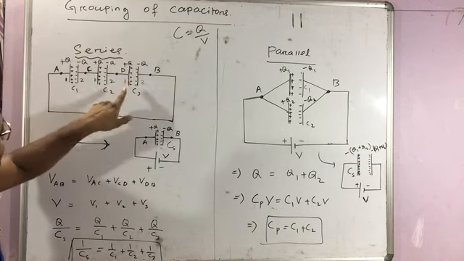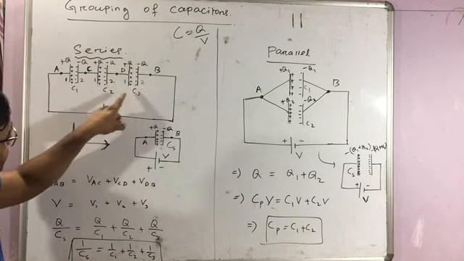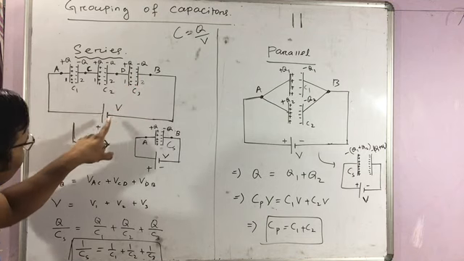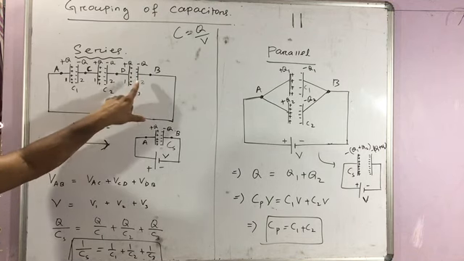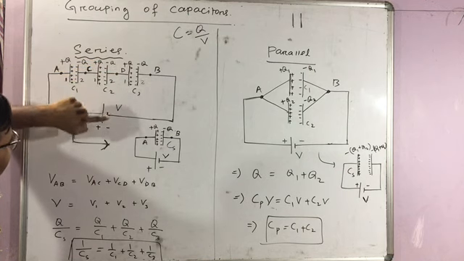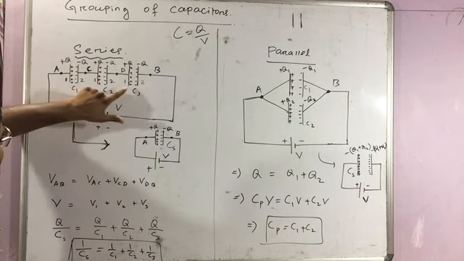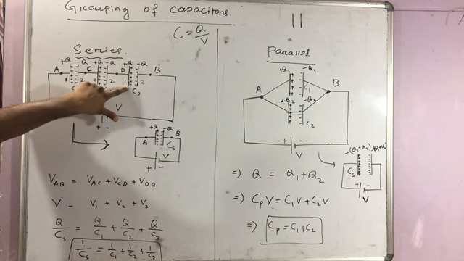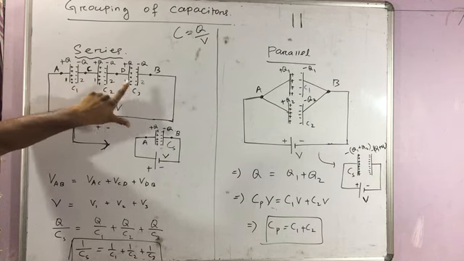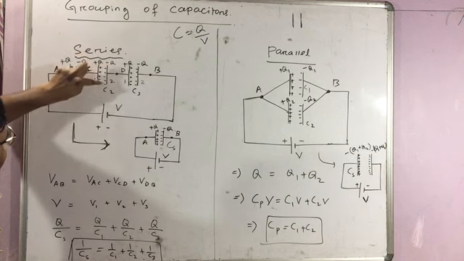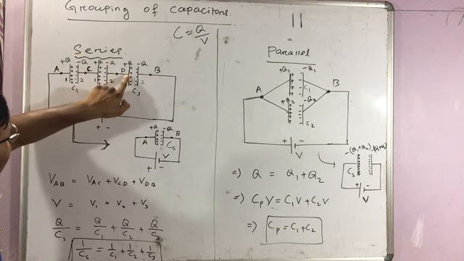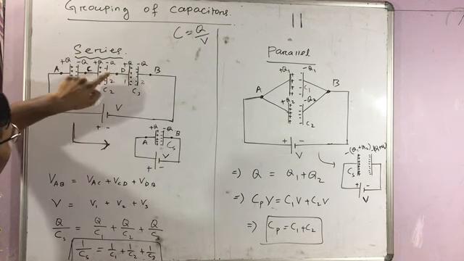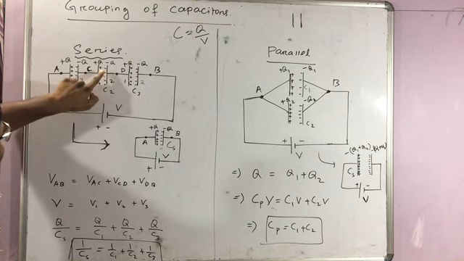But just see, for the third capacitor only one plate is connected to the battery, and this plate is not connected to the battery. How is it charged then? The charging of this plate is because of induction. Clear? And this plate is charged because some negative charge flows from this plate to this plate, and an equal amount of charge will come here.